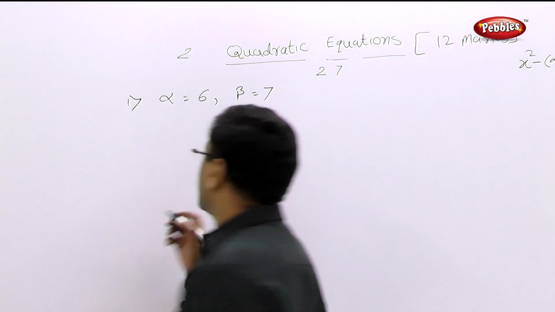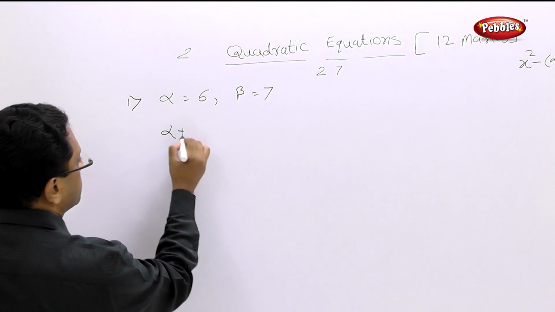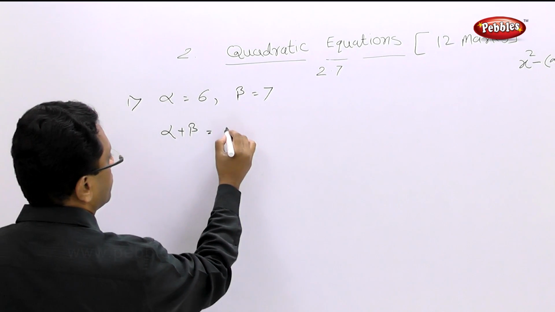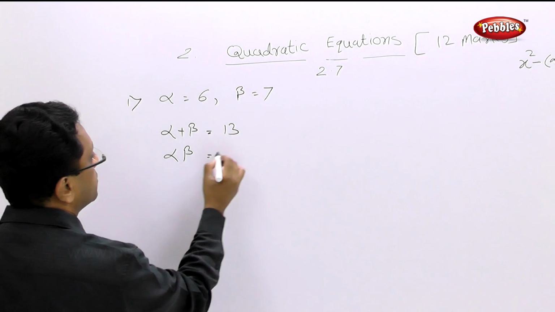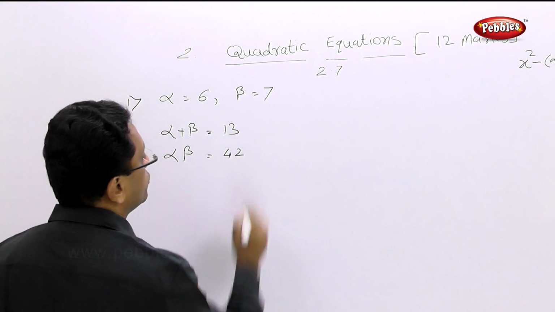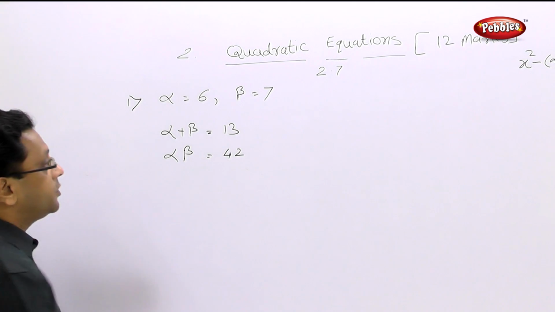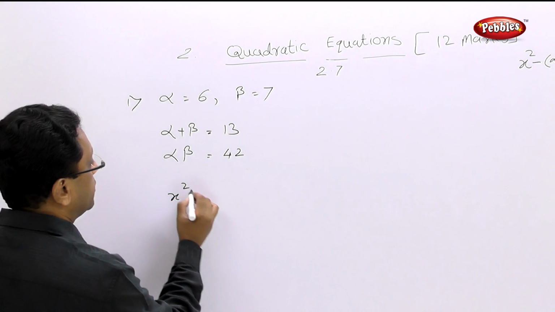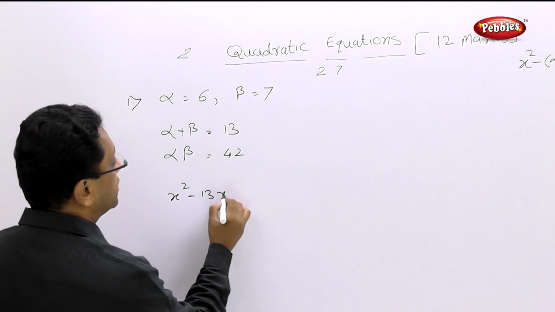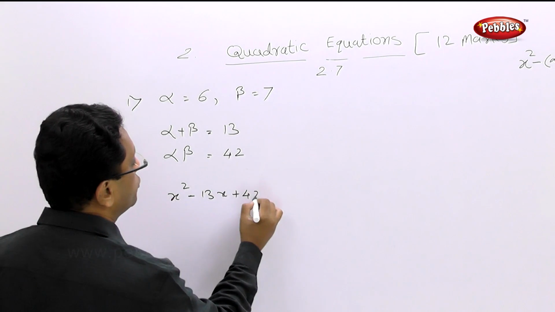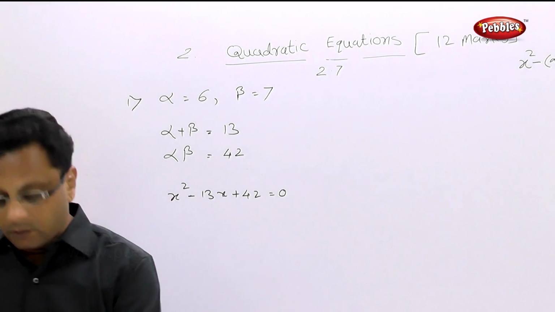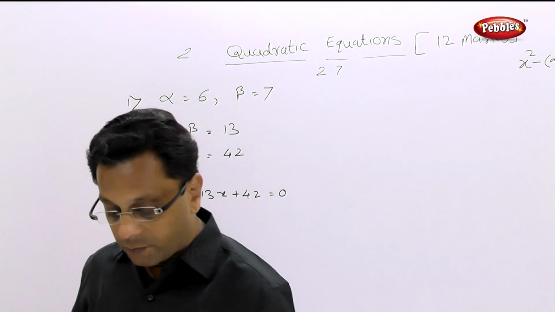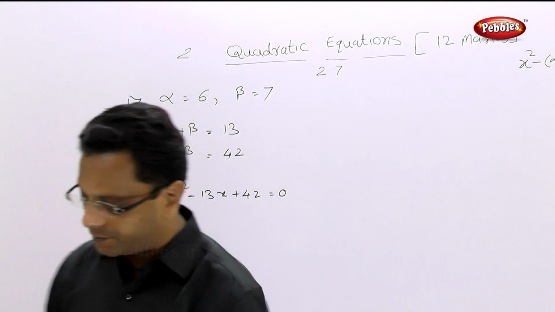So what is alpha plus beta? 13. What is alpha beta? 42. So what is the equation? x square minus 13x plus 42 equal to 0. This is your required quadratic equation. Let us see one more.